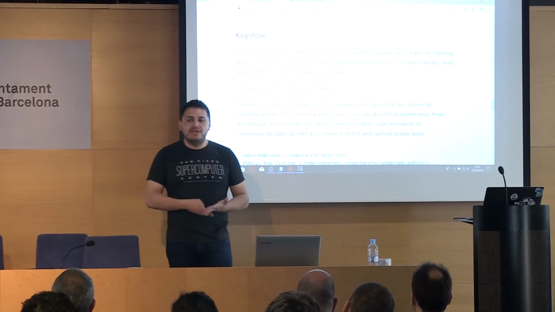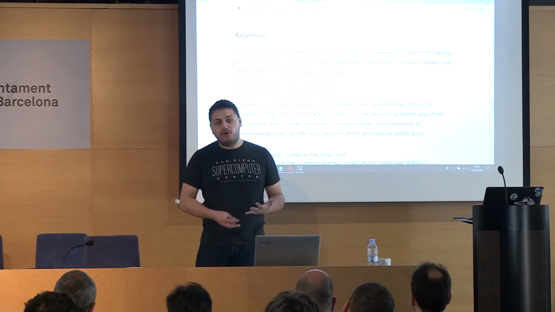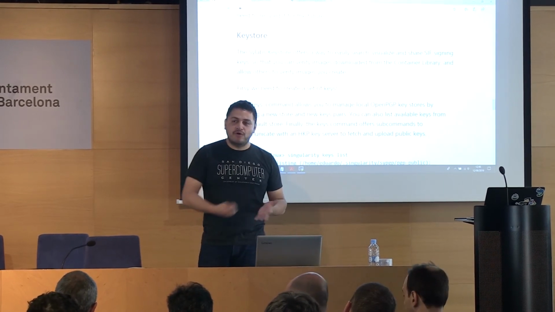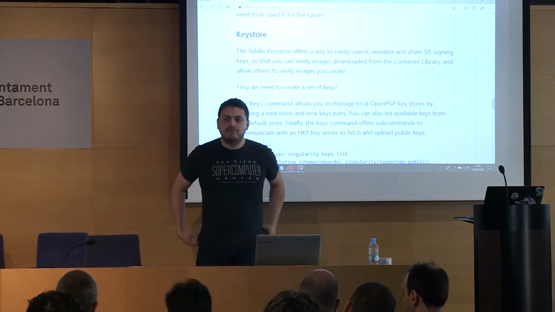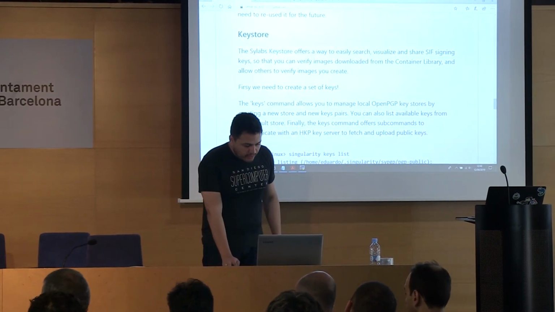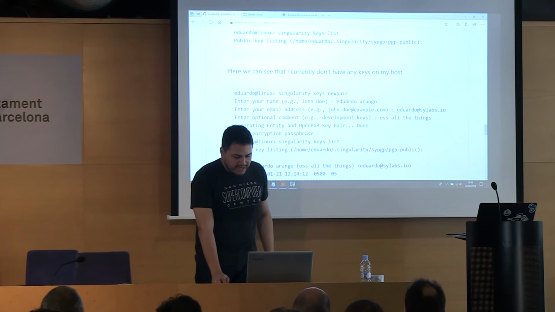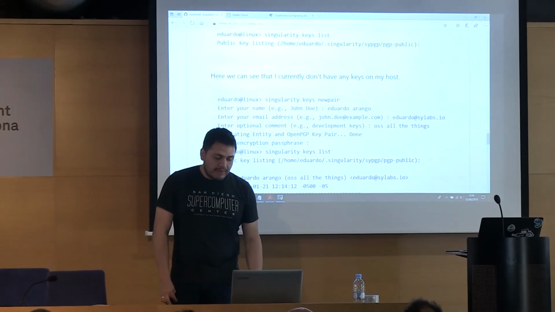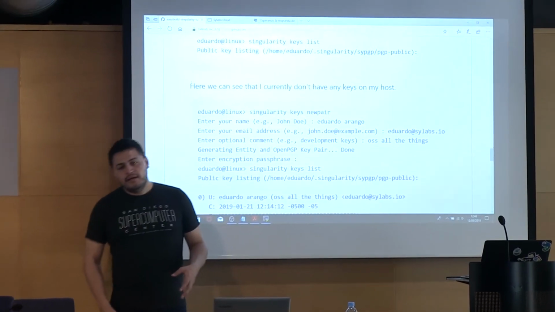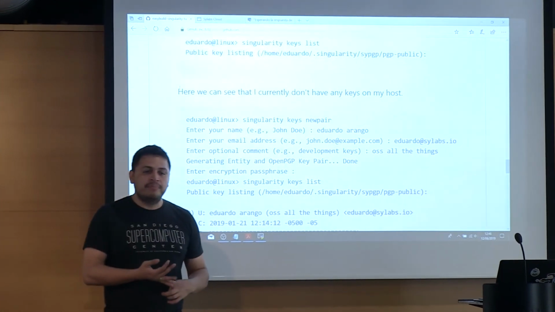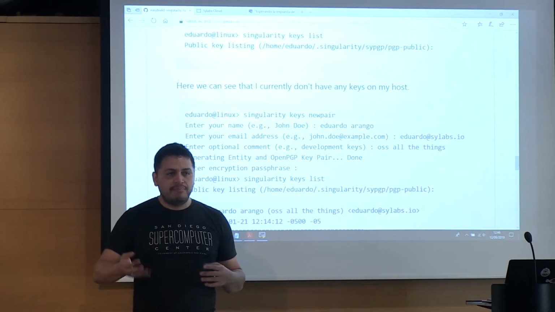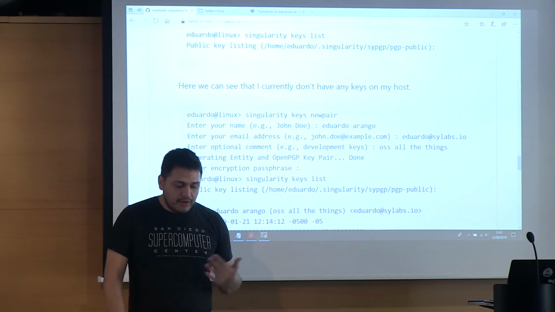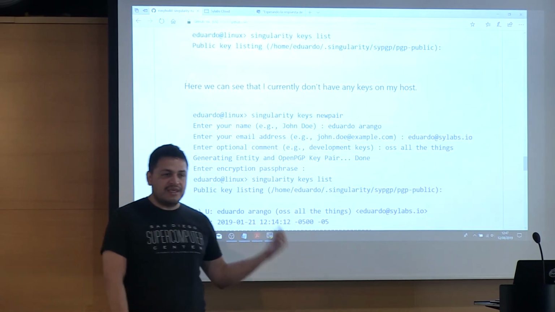You already used the key store by force, because we are now forcing people to sign containers in order to push into the library. What I want to show here, and you can just play with these commands, is that by using singularity keys, you can create new key pairs, store a lot of key pairs in your host, list them, and push them into the key store.